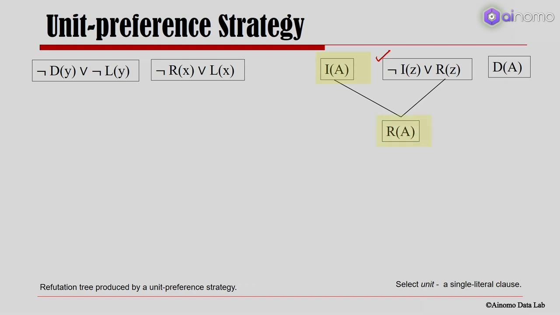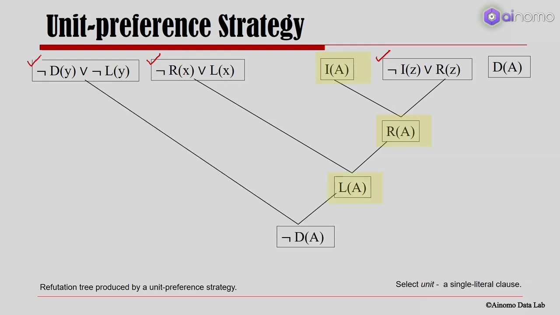So, you select R of A and resolve with its complement in this clause. So, you have L of A, you resolve with this clause which is a complement of L of A, and you arrive at a DA. Now, DA also is a single literal clause, and in the base set you have a DA, and you could arrive at the empty clause.